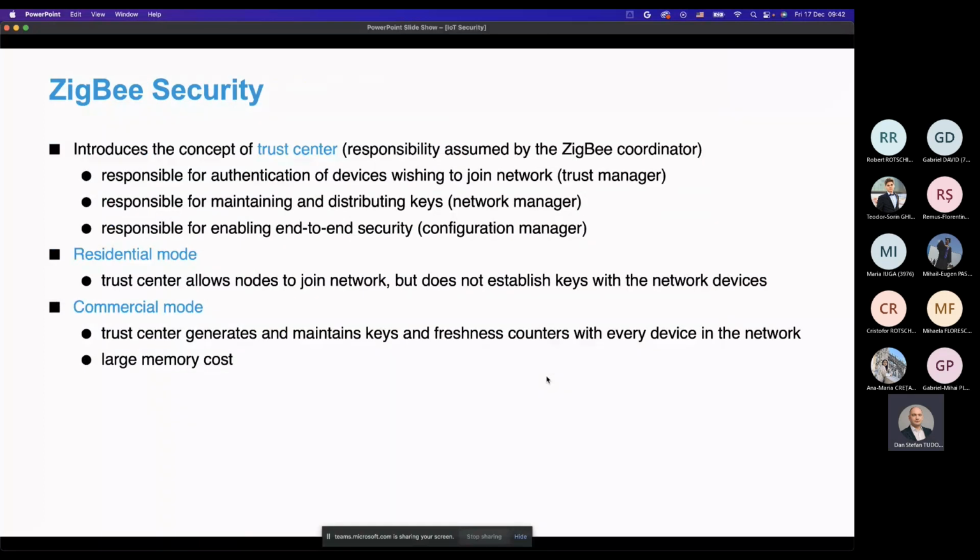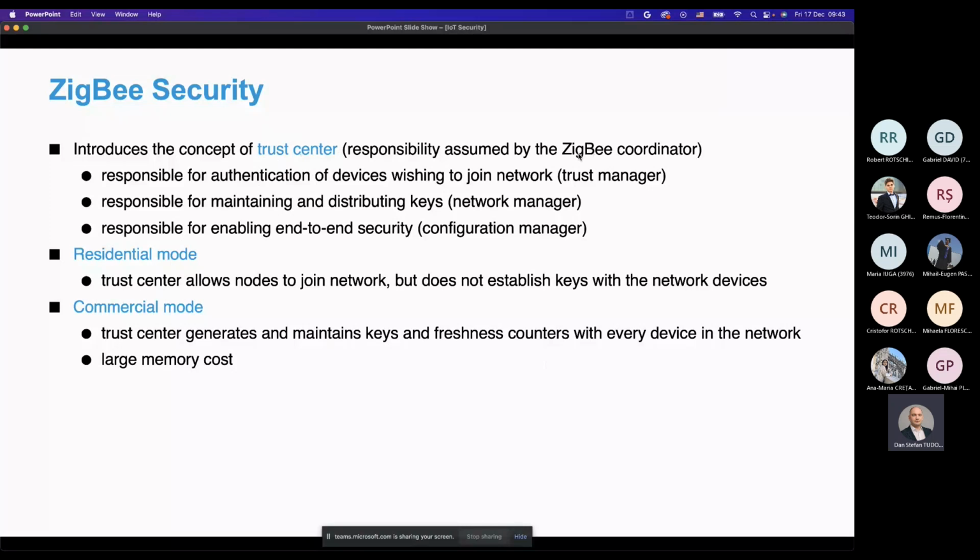Zigbee security, on the other hand, introduces the concept of a trust center. This is particular to Zigbee. Zigbee is mostly built on top of 802.15.4. So this trust center is a responsibility which is typically assumed by the Zigbee coordinator in the network.